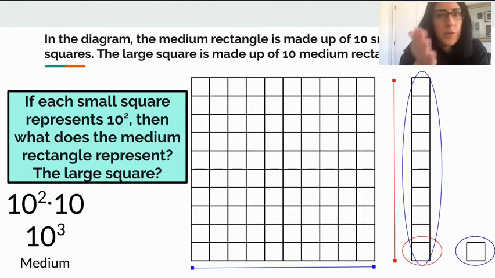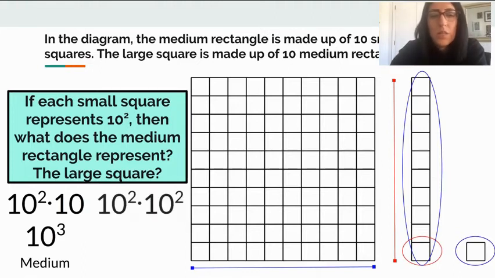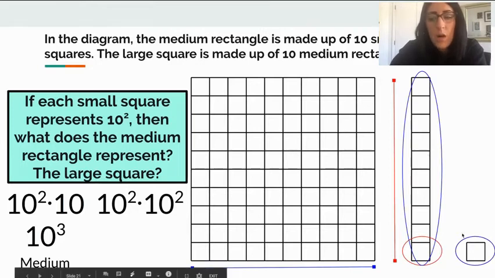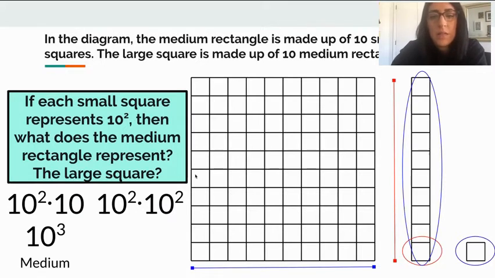So you're progressing your way up. We could look at this as 10 squared times 10 squared. So again, the small square is 10 squared, 10 of those in the rectangle, so that's that times 10 from our first one, times another 10, because there are 10 rectangles in the entire big square. So we would look at this as 10 to the 4th for the large one.